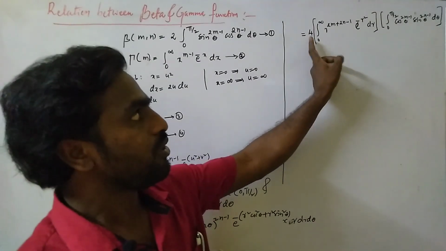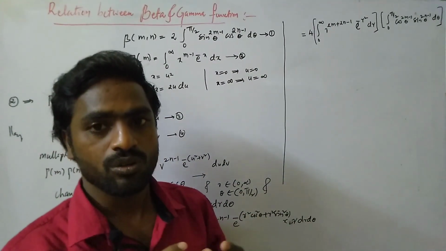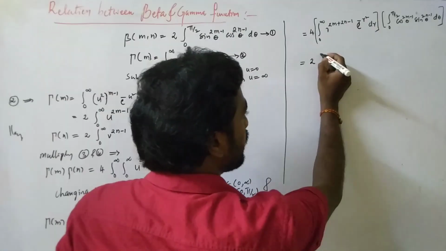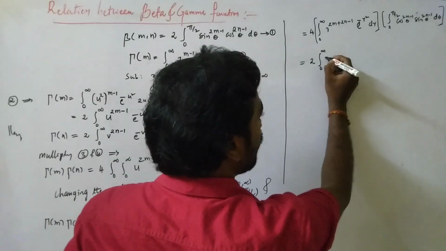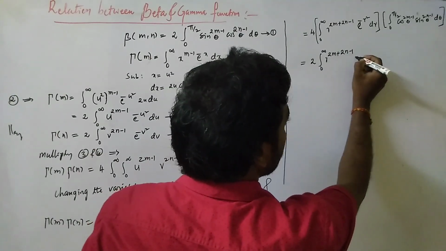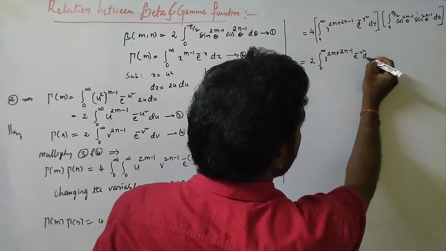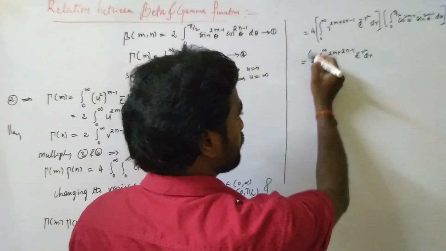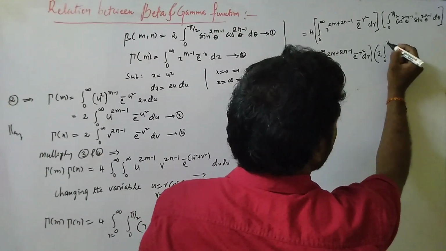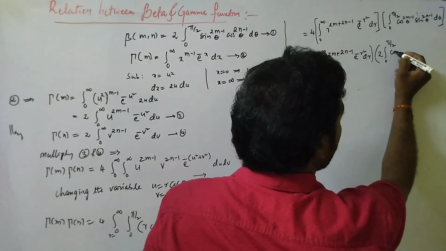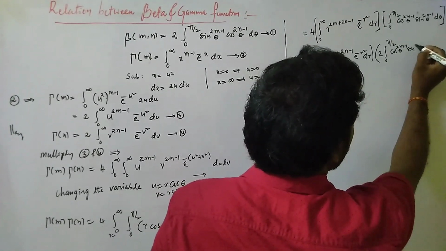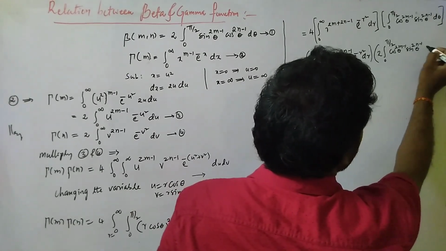Here, in that 4, I want to take 2 into 2, which is equal to 2 into integral 0 to infinity r to the power of 2m plus 2n minus 1 e power minus r square dr as one integral. Next, the second one is 2 into integral 0 to pi by 2 cos to the power of 2m minus 1 theta sin to the power of 2n minus 1 theta d theta.